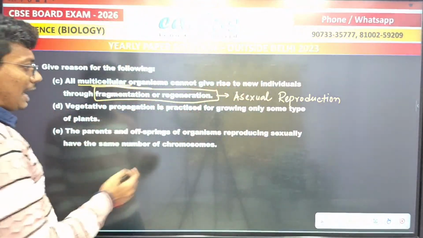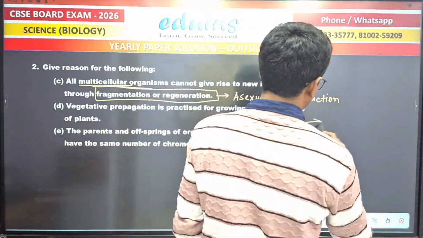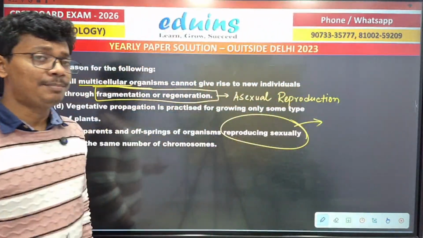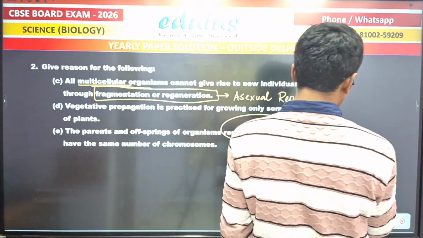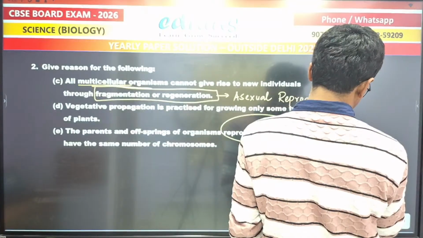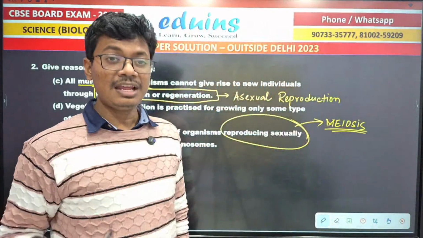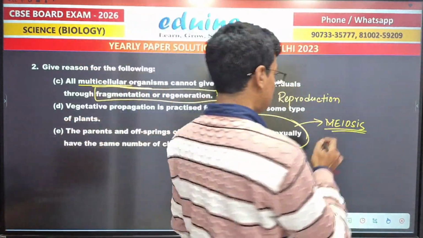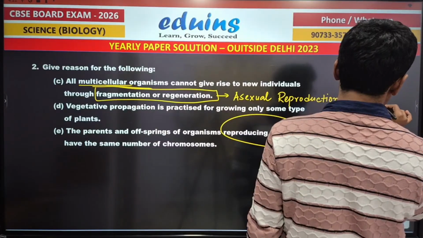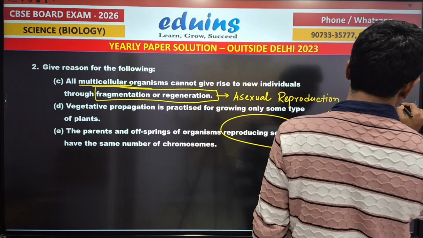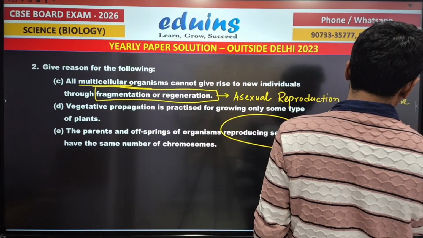Sexually reproducing organisms have a special type of cell division known as meiosis, and this occurs only in reproductive cells.